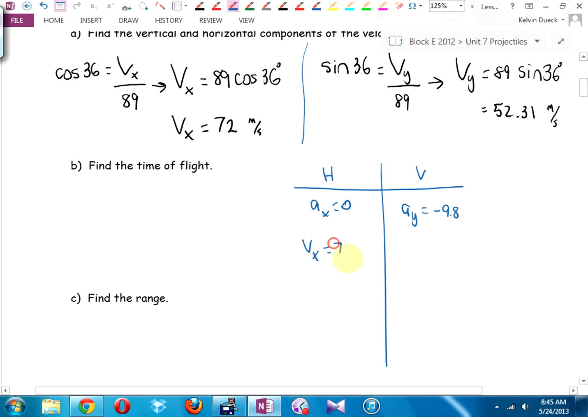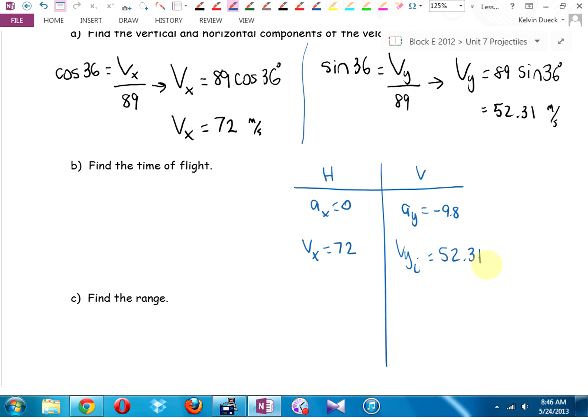Vx is 72, not 89. Vy initial is 52.31, not 89. In fact, do you notice once I get the components, I'm never using that 89 again because it's yucky. It's slanty. I don't want to do math with slanty.